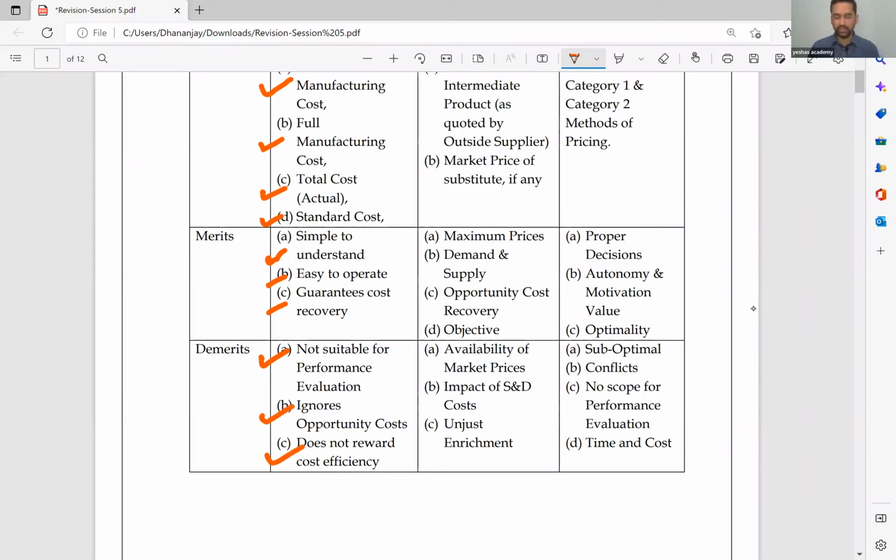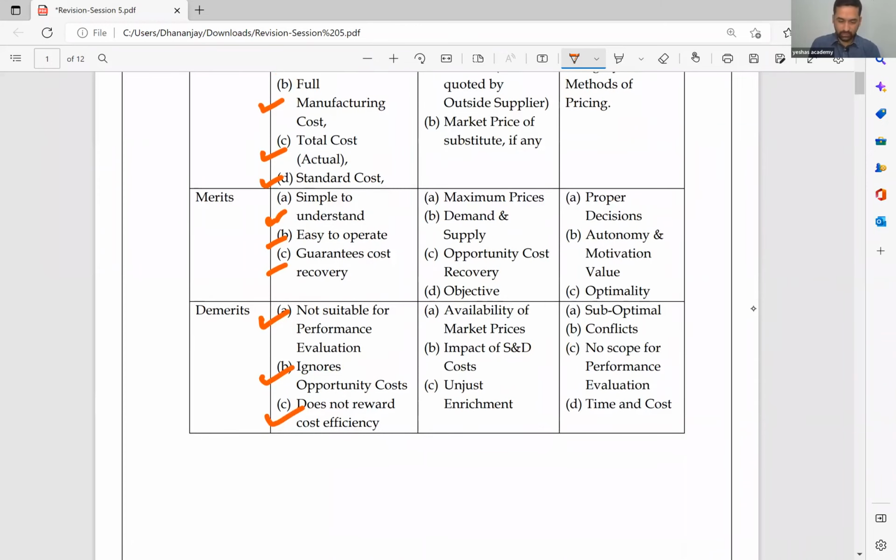Third, it does not reward any cost efficiency. What does it mean? Suppose one department is saving a lot of money for the organization by their cost control and cost reduction techniques. You are not going to recognize that work at all in any manner. There is no bonus, incentive, nothing paid.